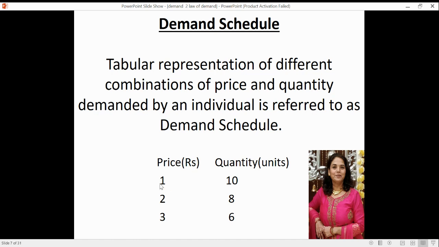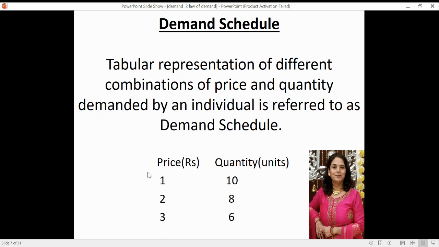Look, demand is the inverse relationship between price and quantity demanded. Demand is the quantity demanded which the consumer is willing to buy at a given price, given time. So suppose a consumer demands at price 1, 10 units; at price 2 rupees, 8 units; at price 3 rupees, 6 units, so on and so forth.